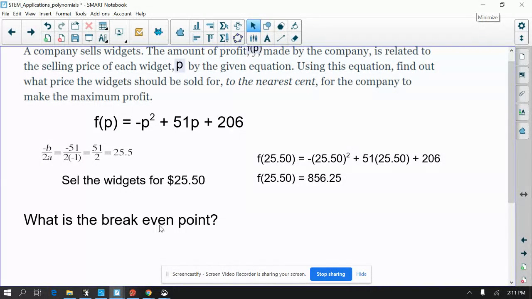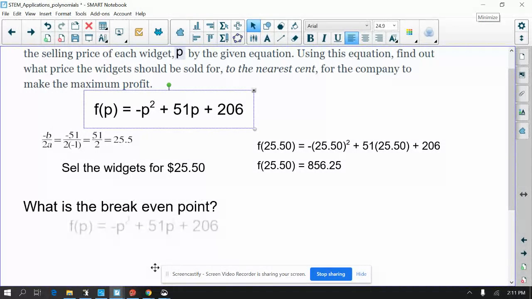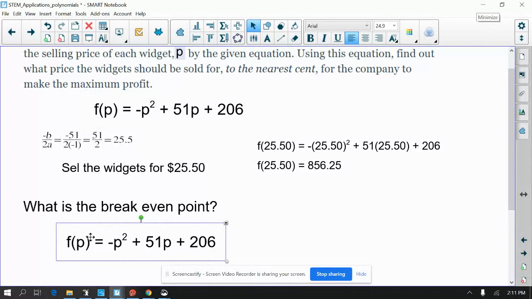What's the break-even point? The break-even point is the price at which I make no money. There's no profit. So that's when this equals 0. And so I'm going to use the quadratic formula. Before we move on, if I set this equal to 856.25 and solve for p, do you know what I would find for p? 25.50.